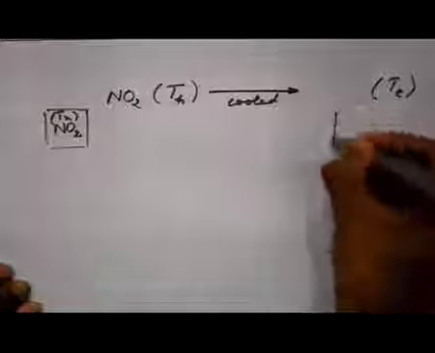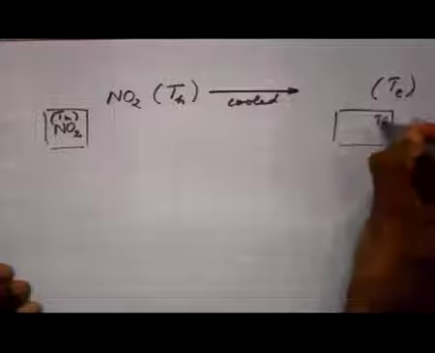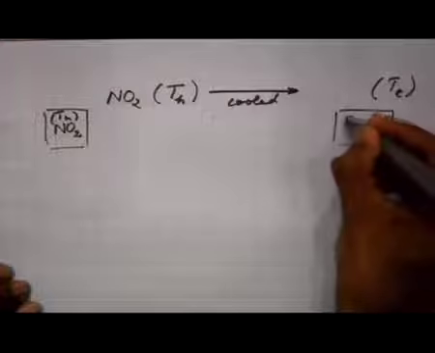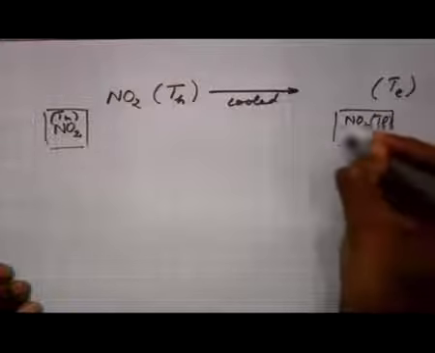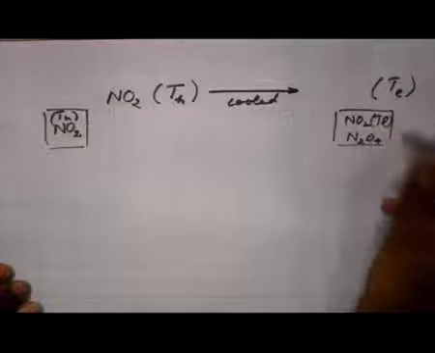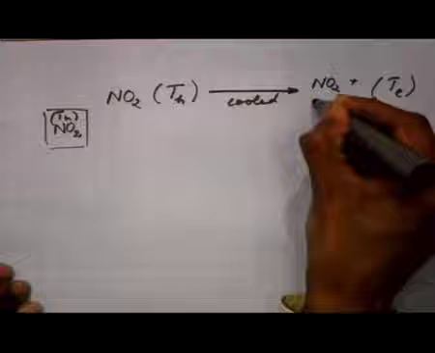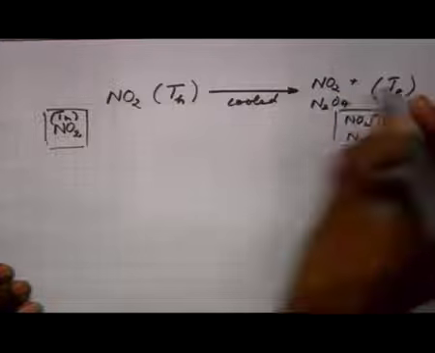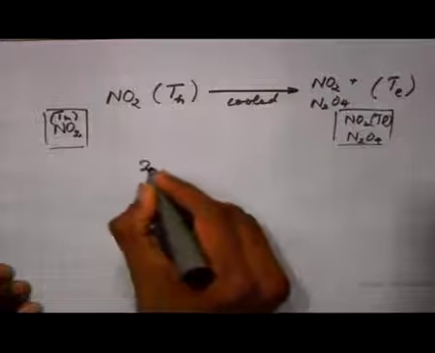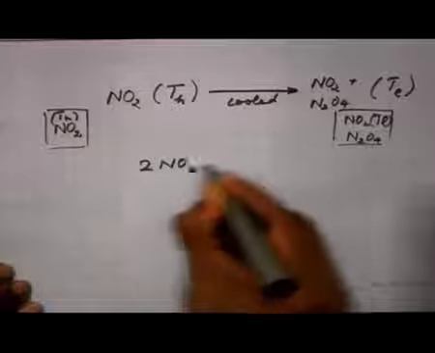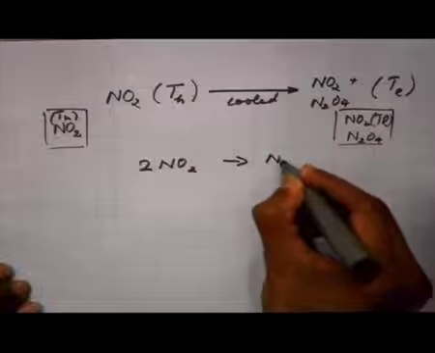So, now at this point the temperature is low, T L, and you have both NO2 and N2O4, because we are told that at low temperature 2 NO2 gives N2O4.